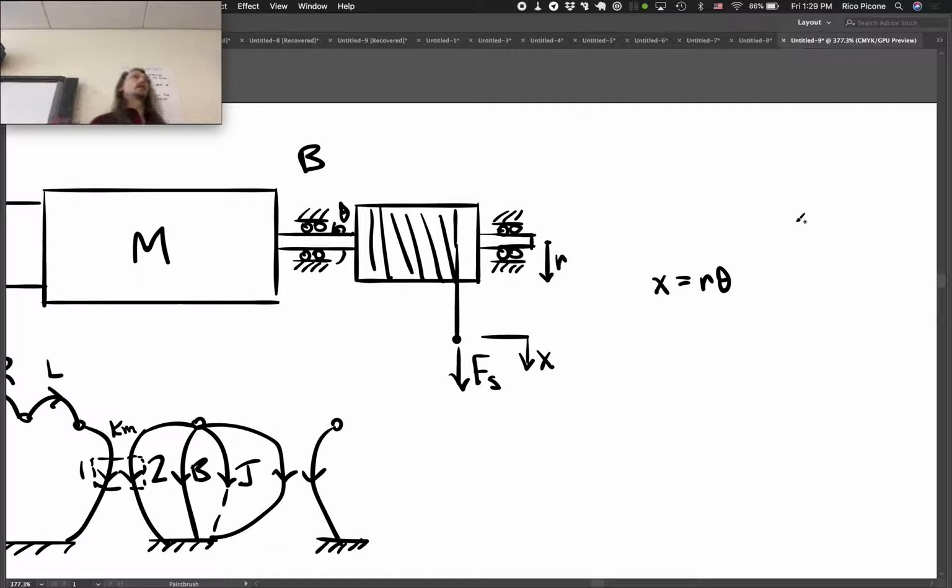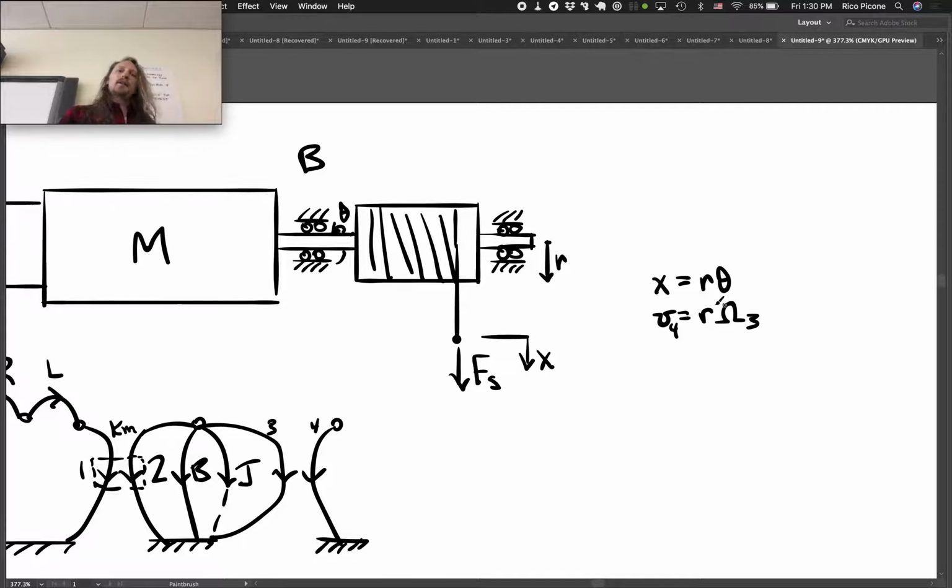Okay, that's the arc length that is swept through by theta, and at radius r. And if we take the time derivative of this, we get that the velocity is equal to r omega. The velocity here is on side 2, or we'll call this side 3 and side 4. So it'll be velocity 4 equals r omega 3.